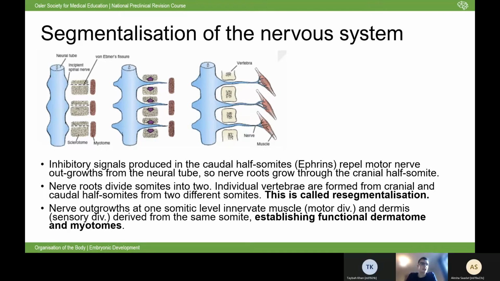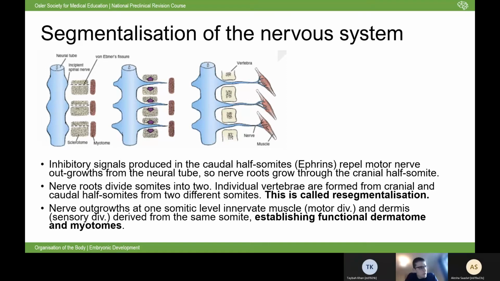So what the somites are doing is focusing the outgrowths from the spinal cord into distinct, segmentally allocated fibrous outgrowths, each allocated to one somite.